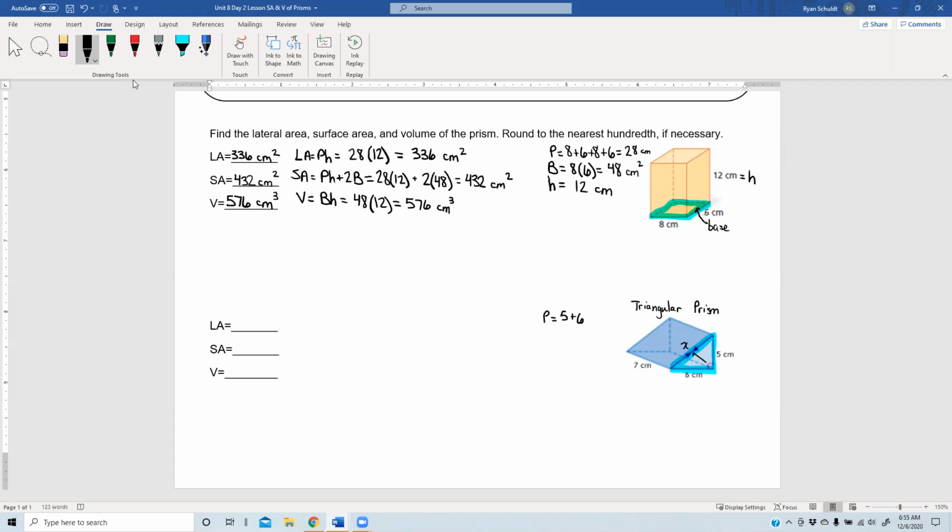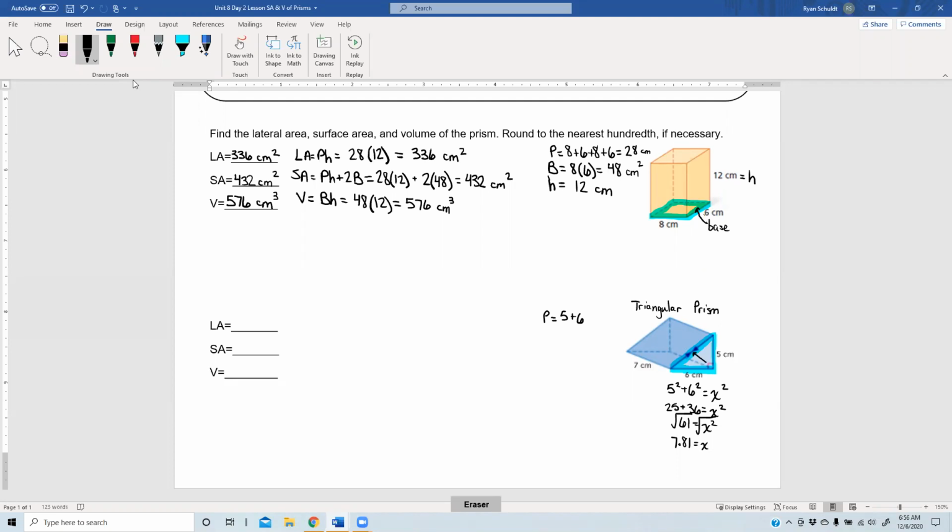This is going to be our long side of the triangle. So we're going to need to say 5 squared plus 6 squared equals x squared. 5 squared is 25, 6 squared is 36. Combine those two together and you get 61. Take the square root, and it's about 7.81.